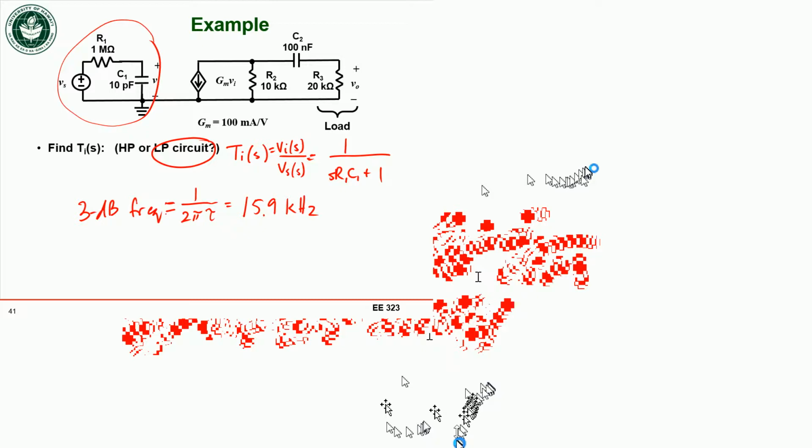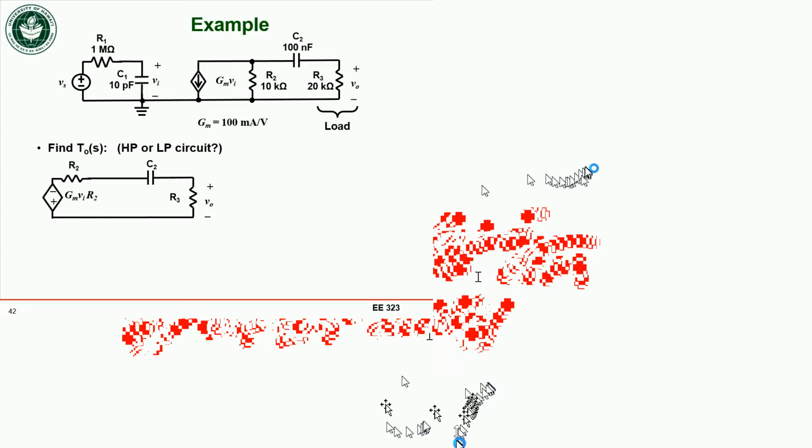Then we looked at the transfer function at the output side. So if we look at only the output side, in order to get from this circuit to this circuit, do a source transformation with the current source, change it to a voltage source, and then you move the position of resistor R2.